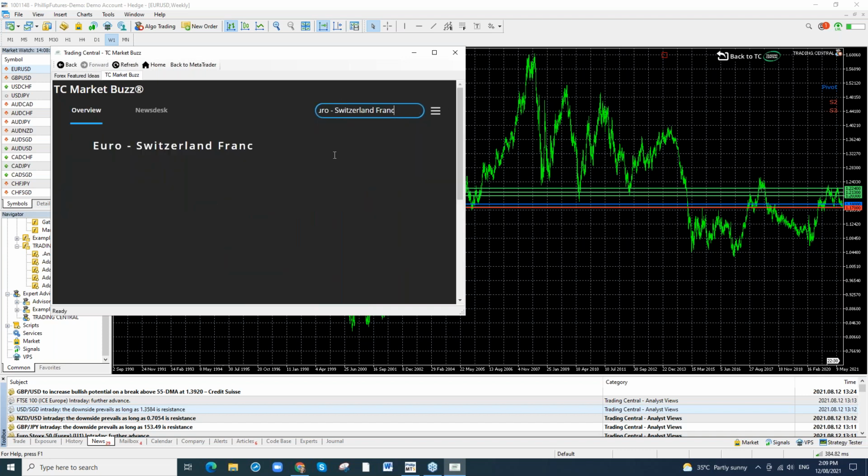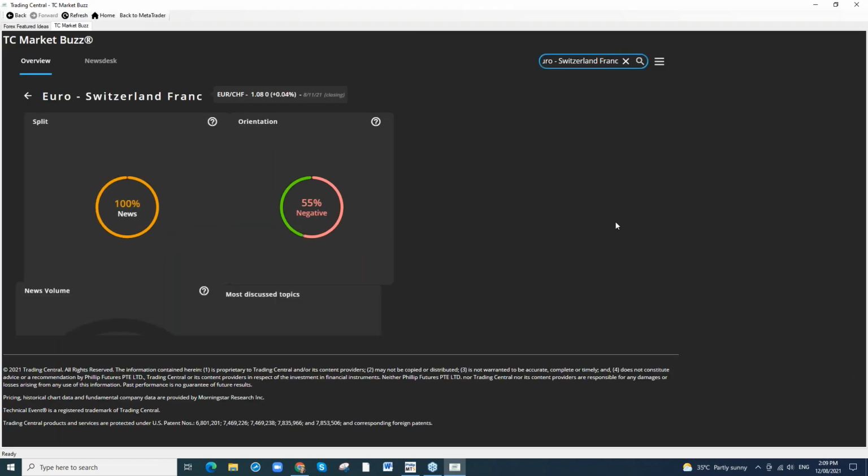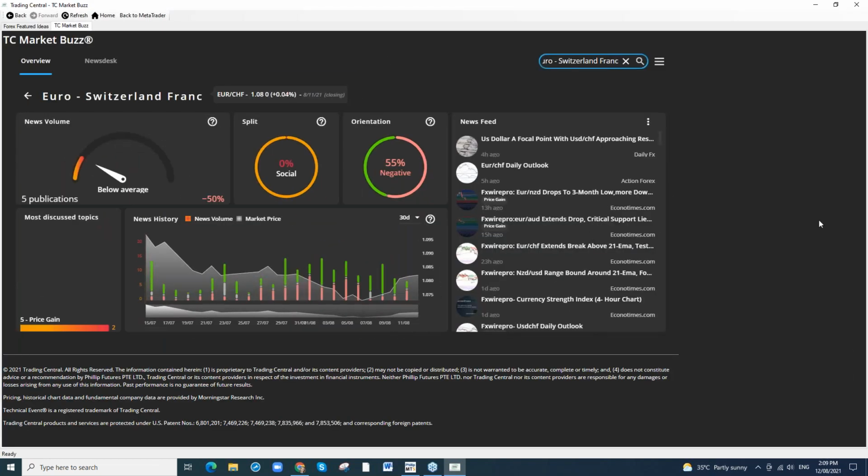And it will open the page dedicated to Euro Swiss franc. I will just extend the view. So here you can see the news and other indicators related to the specific asset.